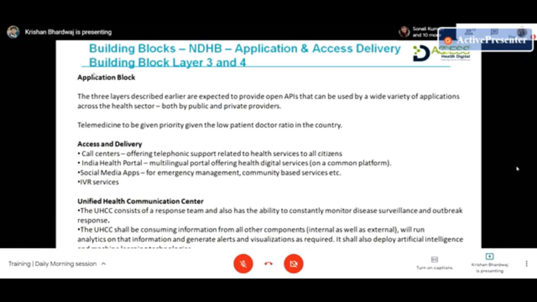So what NDHP is talking about is that this team should have the information available from all the other components we have spoken about. Then it should be able to run analytics on that information. Ultimately, it should be able to generate alerts, visualizations, reports, and based on that, take the response. And then it talks about deploying artificial intelligence and machine learning techniques in that.